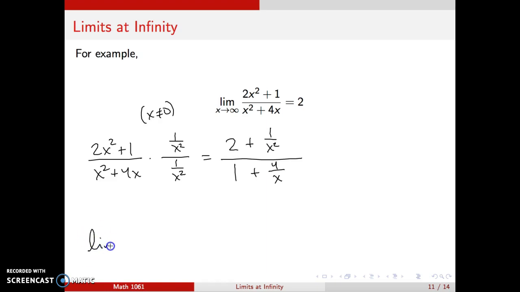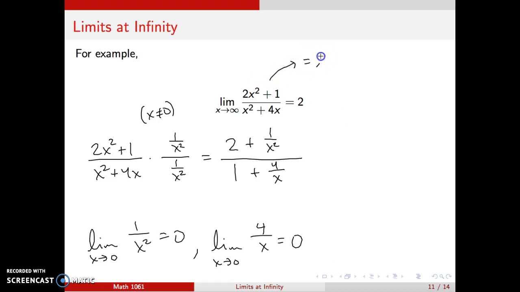And the limit as x goes to 0 of 1 over x squared is 0. The limit as x goes to 0 of 4 over x is 0. And so this is the same as that, which equals 2 over 1, which equals 2.